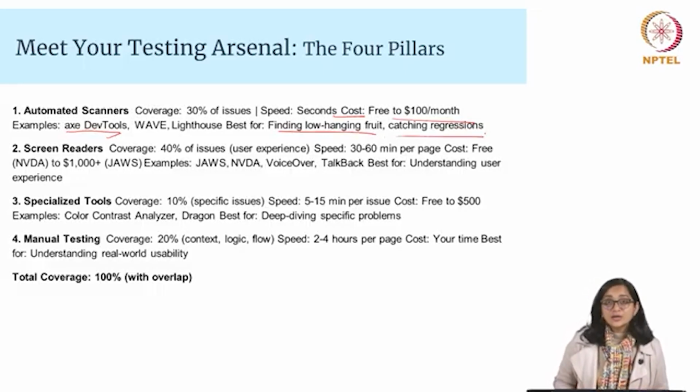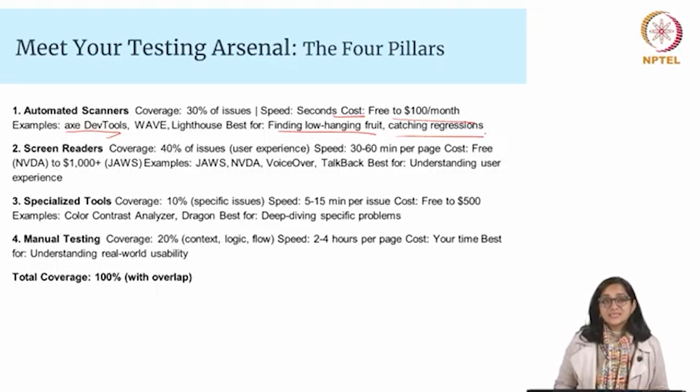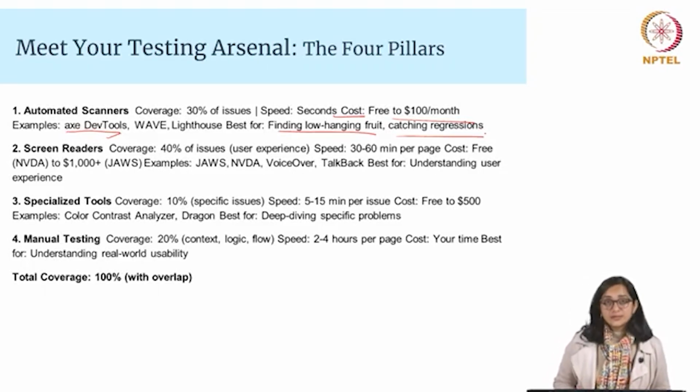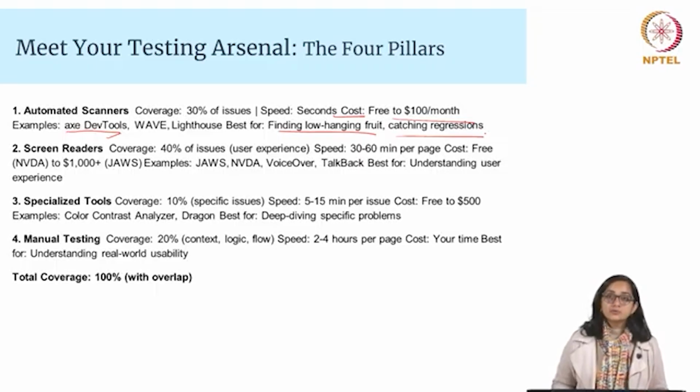Screen reader manual testing. Around 40% of user experience issues people are able to catch with screen readers itself, which are related to alt text or missing links or buttons which don't have semantic signifiers, and all of those issues are able to be caught in a screen reader evaluation.